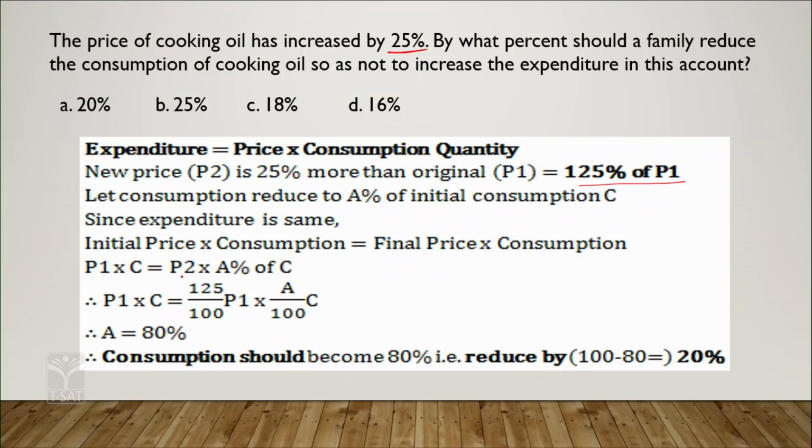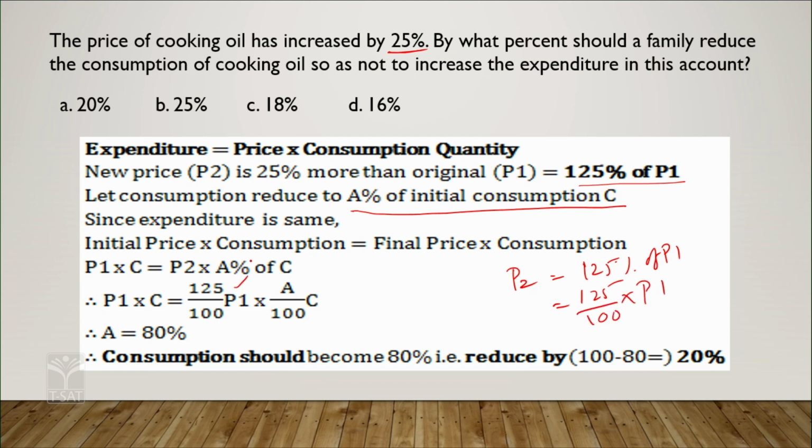The initial price we set as P1 and the consumption for it is C, and the final or new price is P2, and the consumption is A% of initial consumption C. So, P1 C is equal to P2 into A% of C. P2 is equal to 125% of P1, means 125 by 100 into P1.